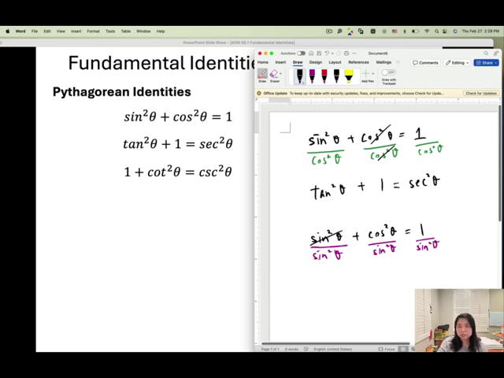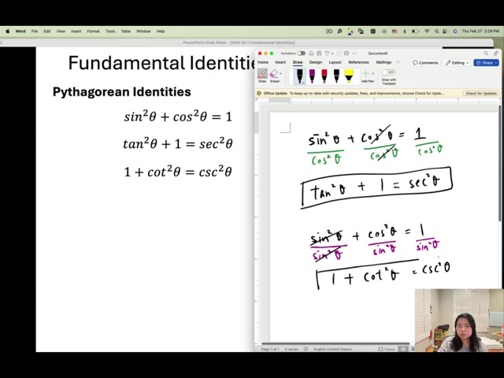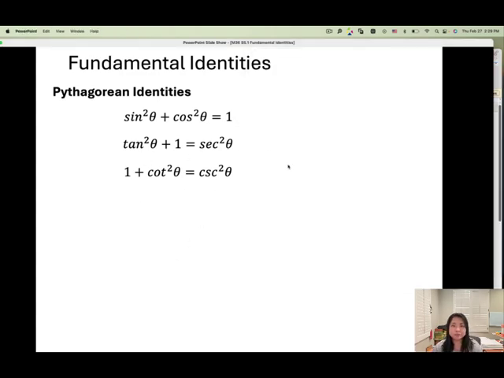This one cancels out, and you're left with the 1. Cosine over sine becomes cotangent, and 1 over sine squared is cosecant squared. So that's why we have three Pythagorean identities, and also the first one here. I need you to memorize it.